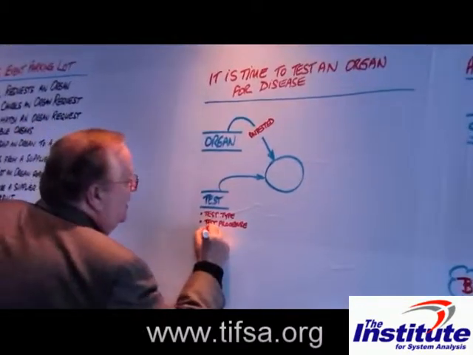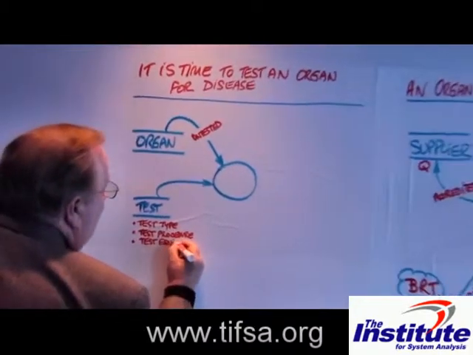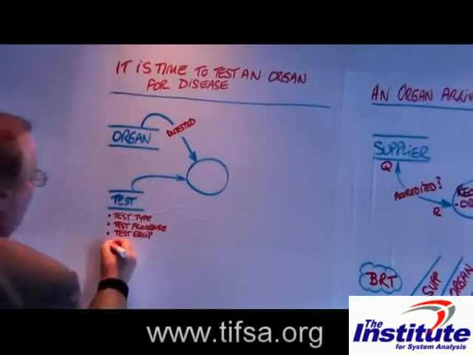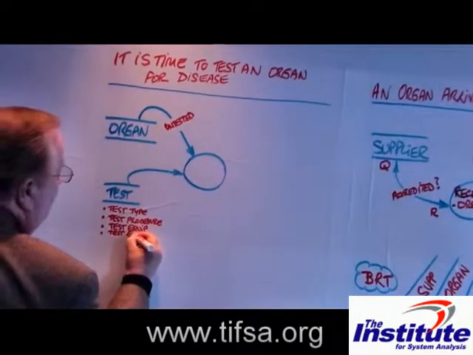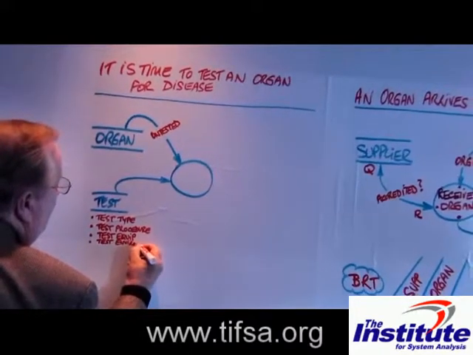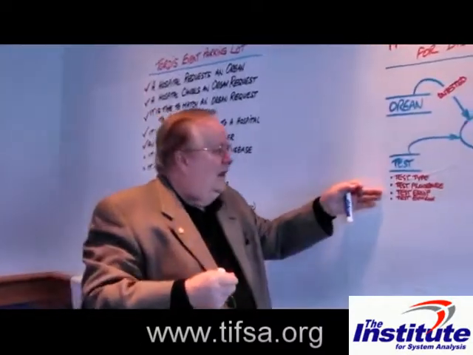We might have the test equipment that's required. We might have the test environment that's required as well. And there could be a whole lot of different things that we won't go any further than that at this point.